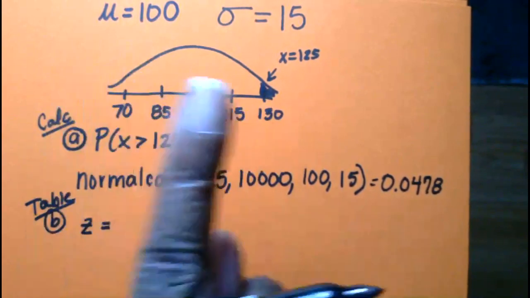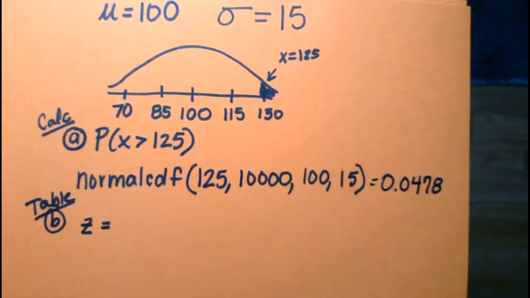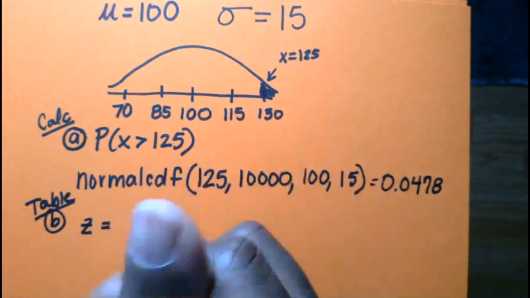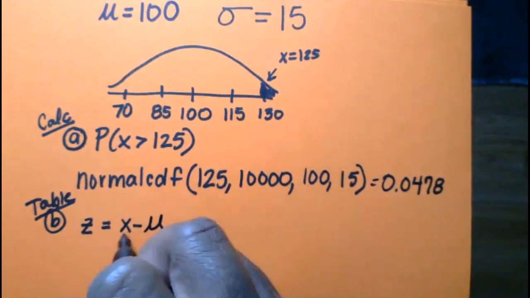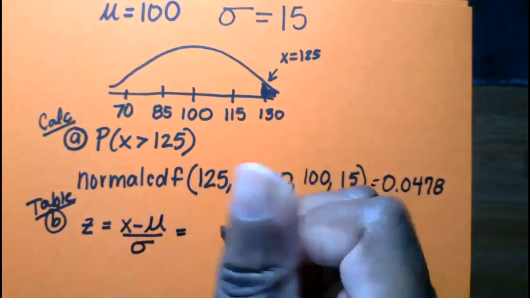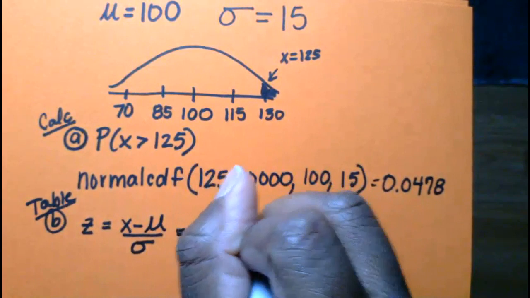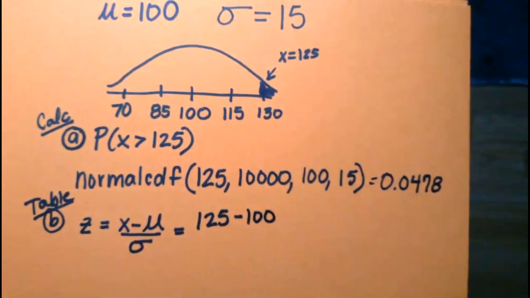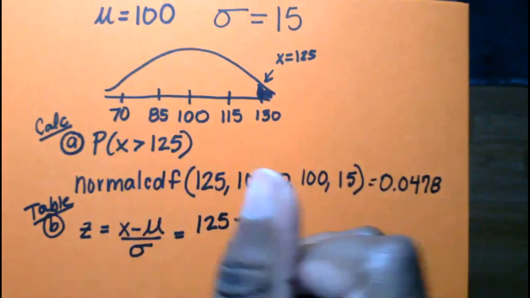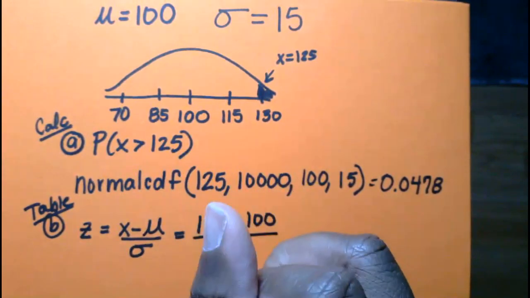And I'll show you how it's not matching, so you have to do 1 minus. So z equals x, which is our x that's given, minus the mean over standard deviation. So that's going to be 125 minus 100 for our mean over standard deviation.